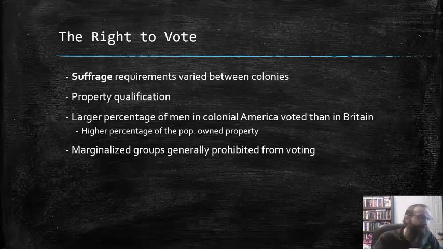There were places and at certain times when free blacks could vote in some elections, and also some occasions when women were allowed to vote, especially in the early colonial period, and even up to 1807 in New Jersey, they still allowed women to vote in that state by that time up until then.